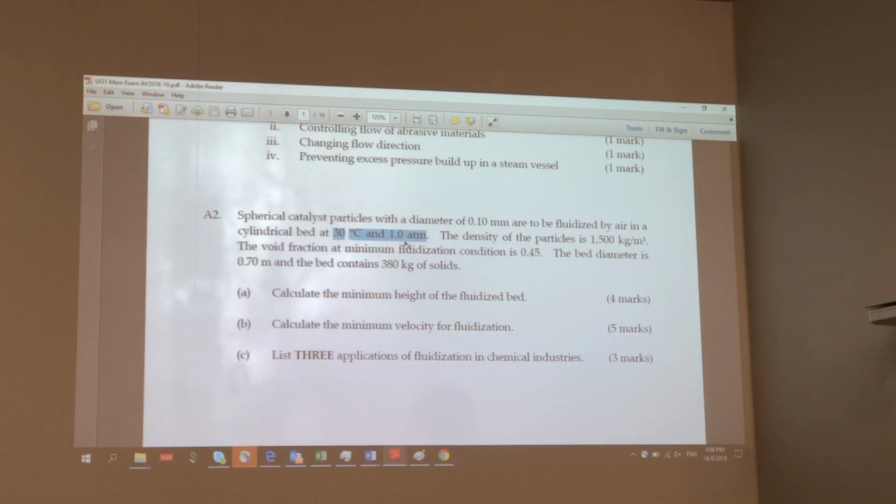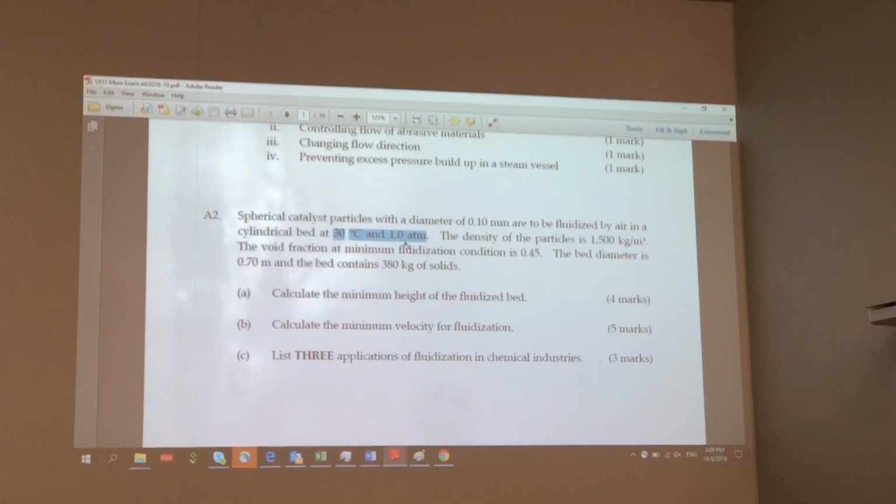If I give you 2 atm, do you know how to find the density? Density is directly proportional to pressure, right? Just try to recall.